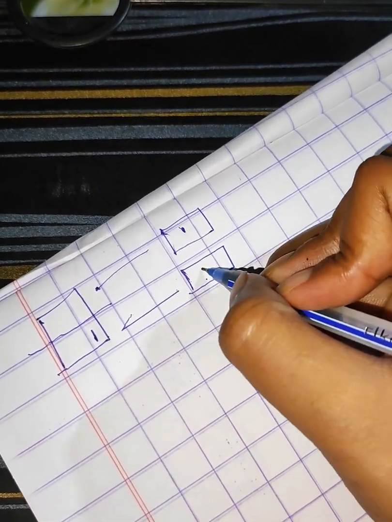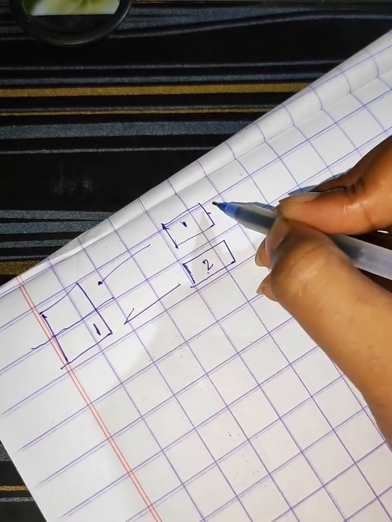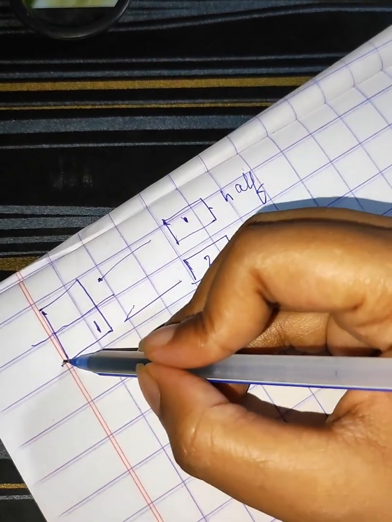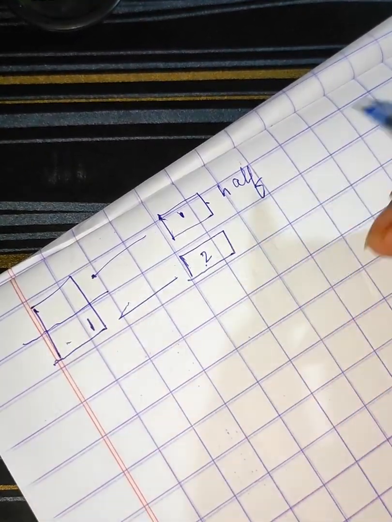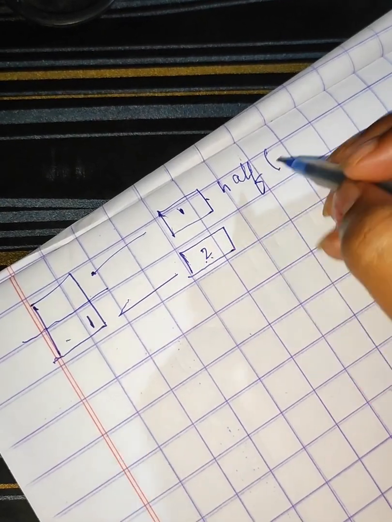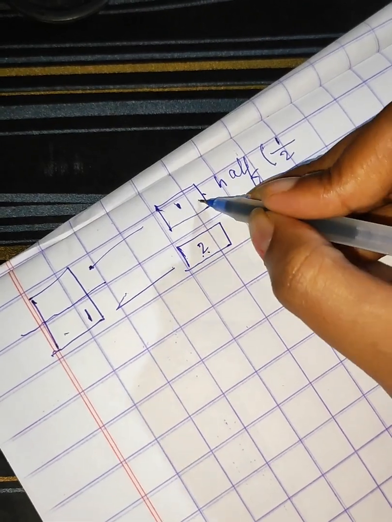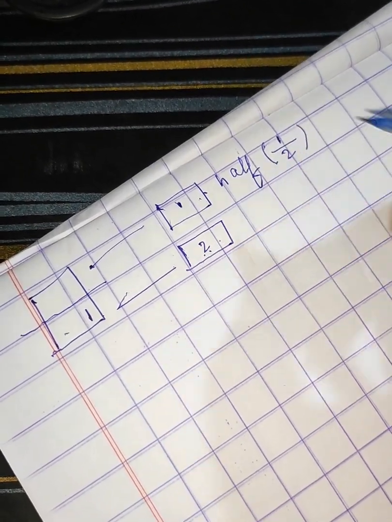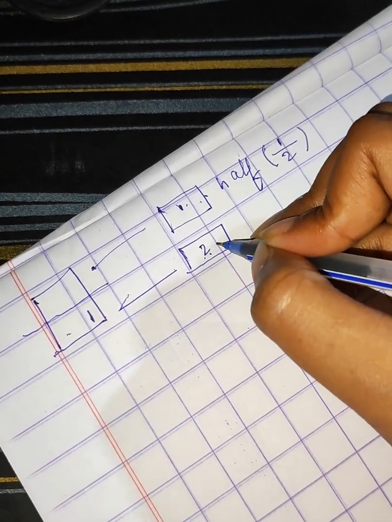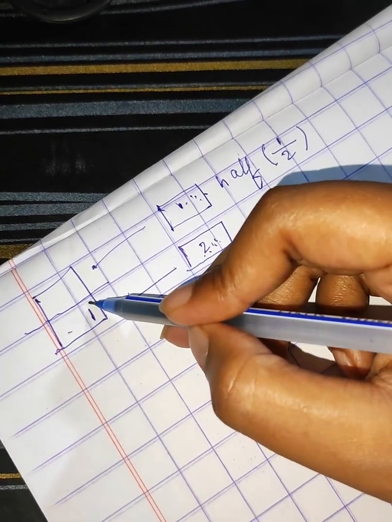So this is called as half of this one sheet of paper. And how do we write it? We write it as one part out of these 2 parts. Okay, this is also a half part and this is also a half part. Both are half of this one sheet of paper.